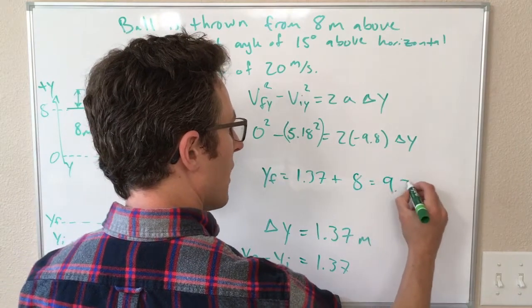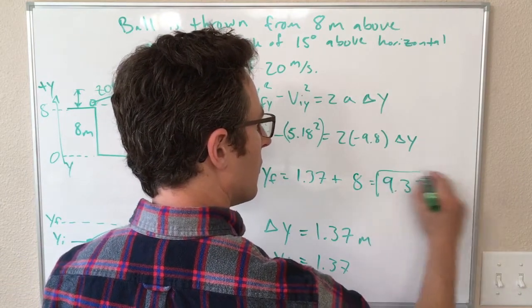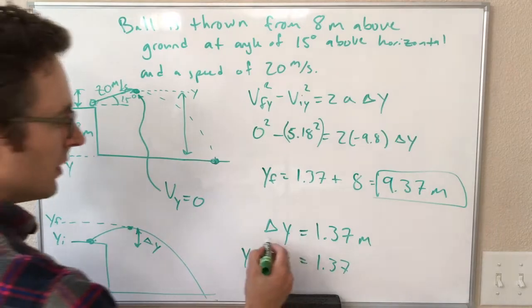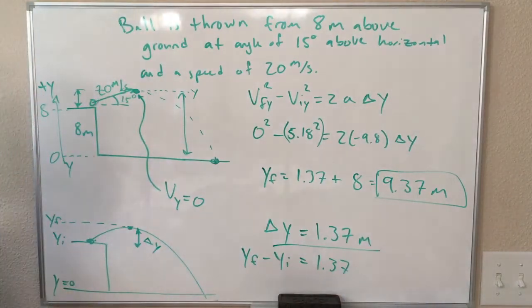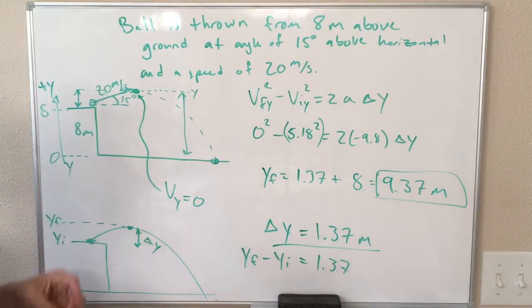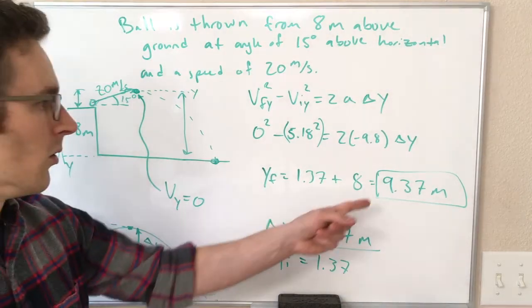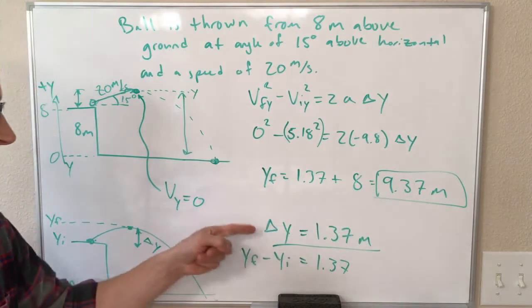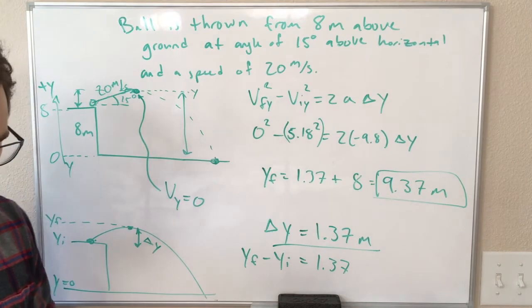So that's 9.37 meters. Like I said, either one of these you could argue is a reasonable answer to what it's asking. How high does it go? This is just how high above the ground, and this is how high above where it starts.